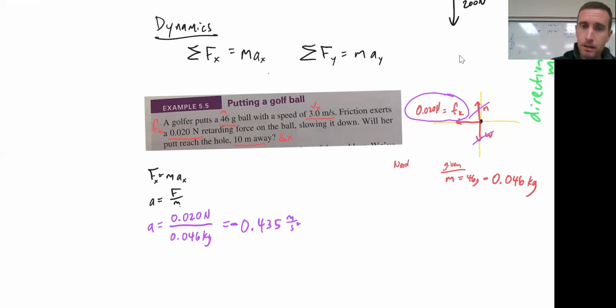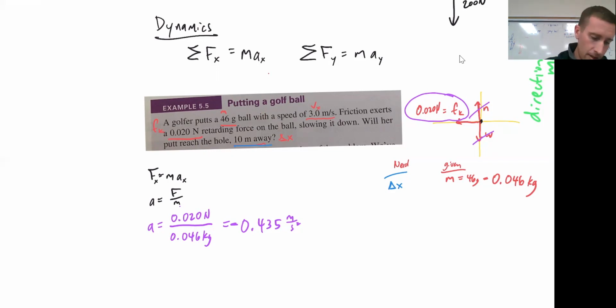Okay. All right. Now, in this problem I need to know how far the ball goes. So I need the change of x. I know that it has to go at least 10 meters, so I'm going to compare it to 10 meters at the end.